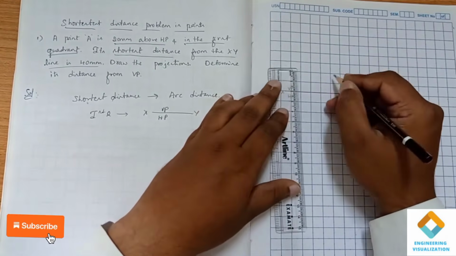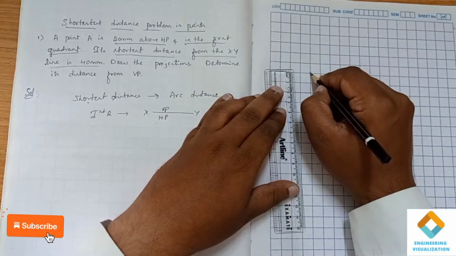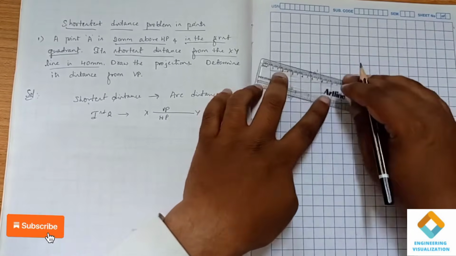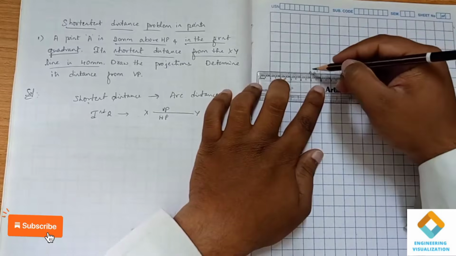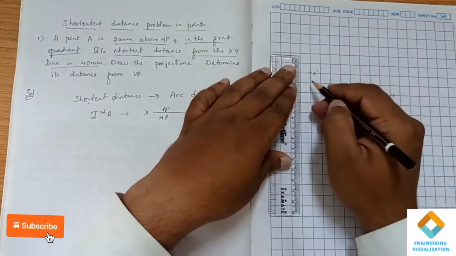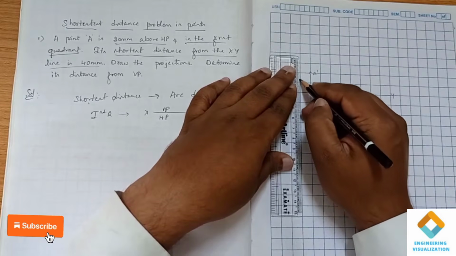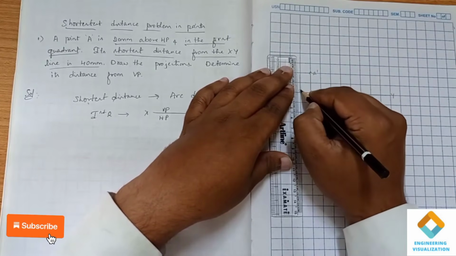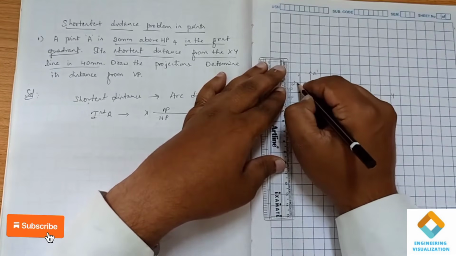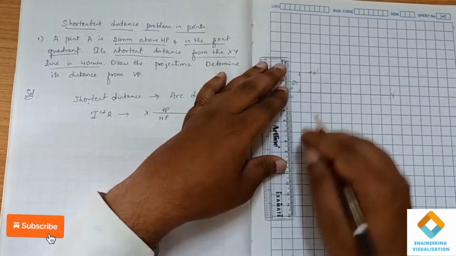So 20 mm is 2 boxes. Put a point, that is A dash. Okay, so 20 mm it is done.